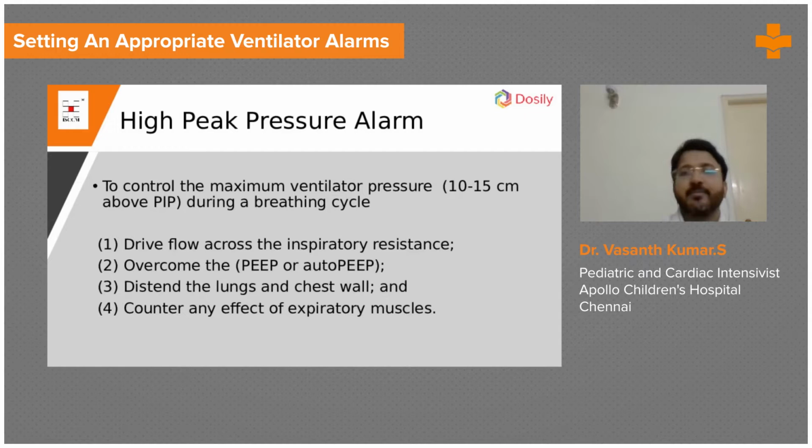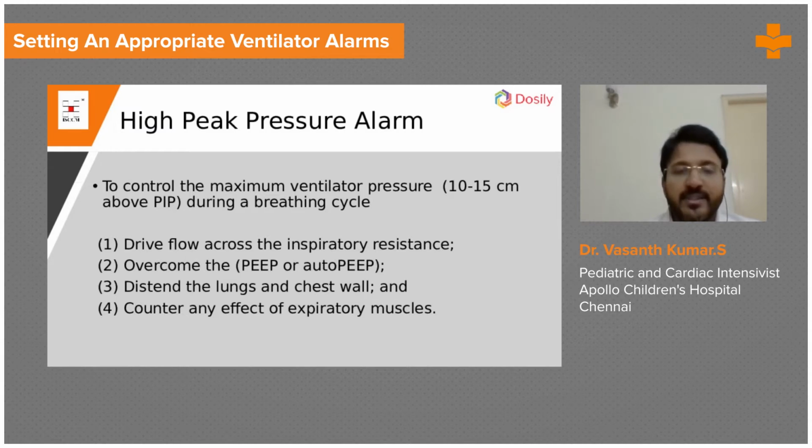So peak pressure means, suppose you are taking a breath through your ET tube, first the ventilator circuit, then the ET tube, then the airways, then till the lungs, and to overcome your expiratory muscles. This entire journey, whatever pressure is required, is determined by your peak inspiratory pressure.